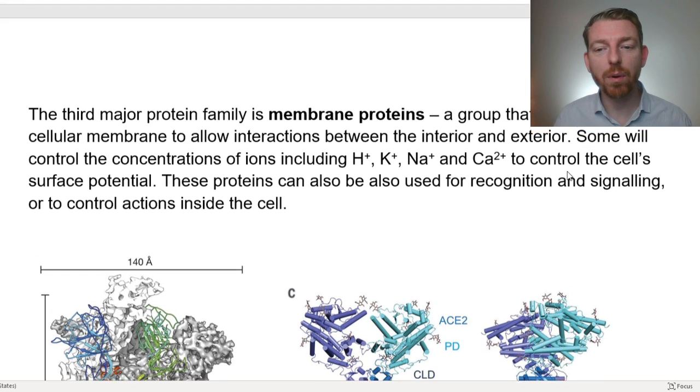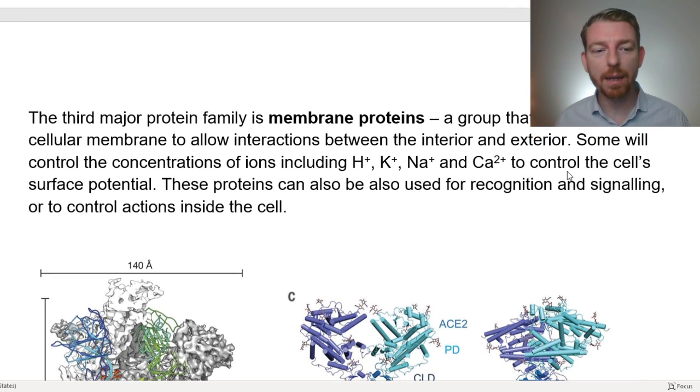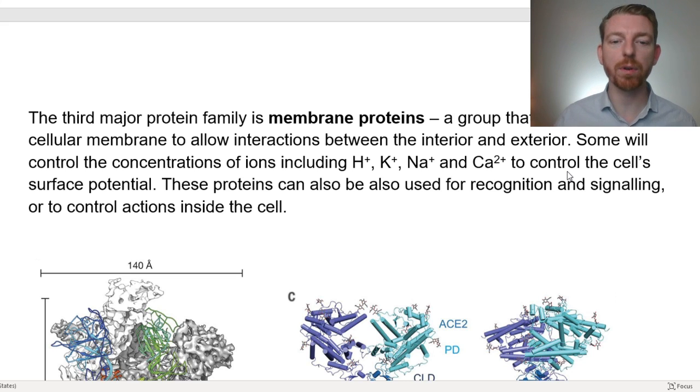So these ones are going to integrate directly into or onto the cellular membrane to allow some kind of interactions between the interior of the cell or the organelle and the exterior. So these would be things that are controlling the change in pH. So if we're controlling the flow of the protons or of the hydronium, then we're changing the pH in these different regions.